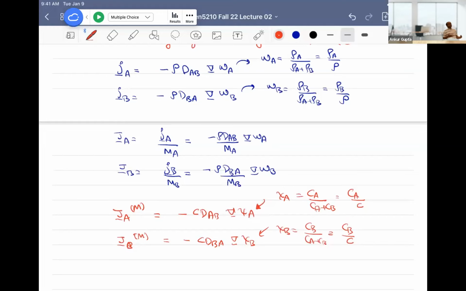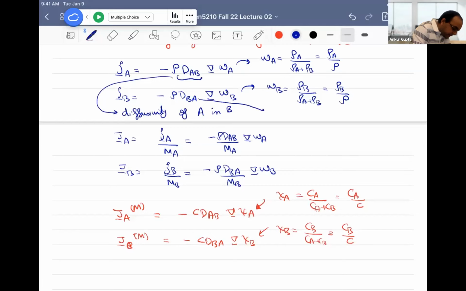So that's the idea. Now there is a factor that I've used here, D_BA and D_AB, and these are called diffusivities. Okay, so this is the diffusivity of A in B, and this is the diffusivity of B in A.